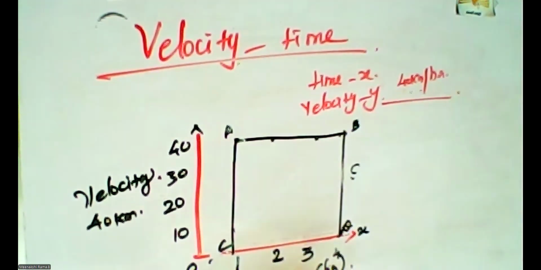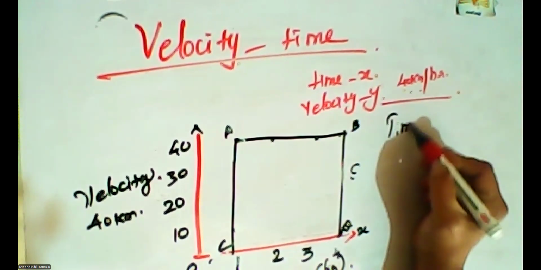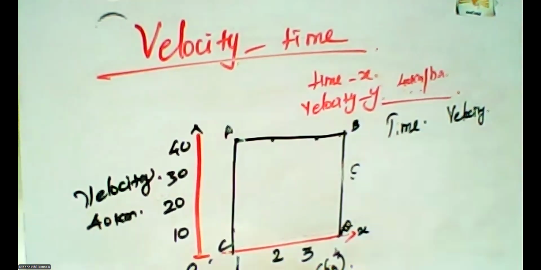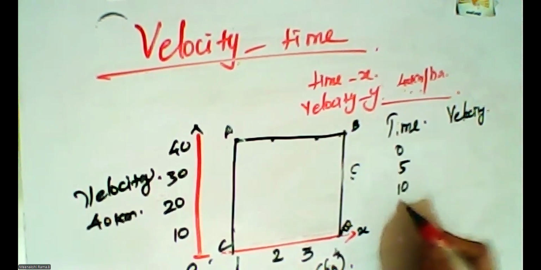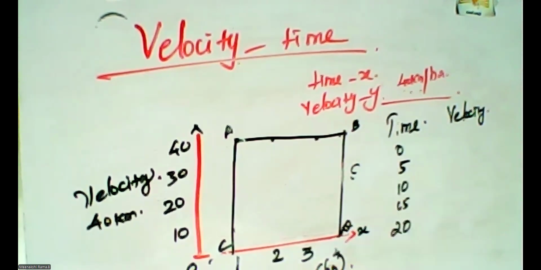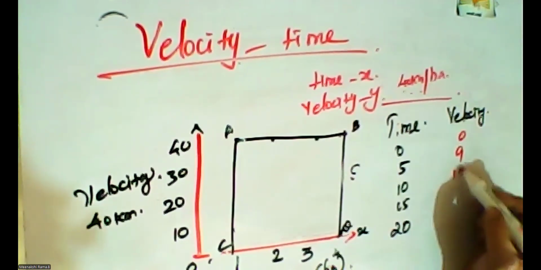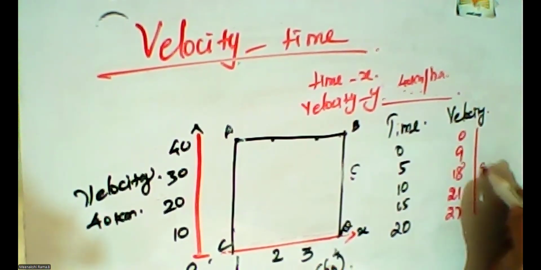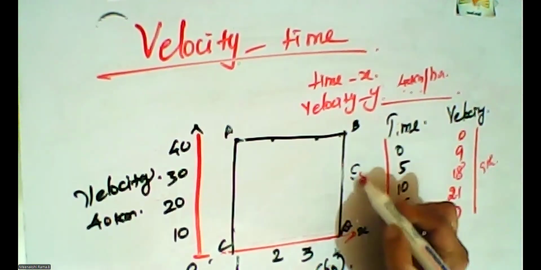The uniform accelerated motion velocity-time graph. Here, time and then velocity. Each and every 5 seconds, that is 0, 5, 10, 15 and then 20 seconds, the velocity is 9, 18, and 27. This is the nine table.